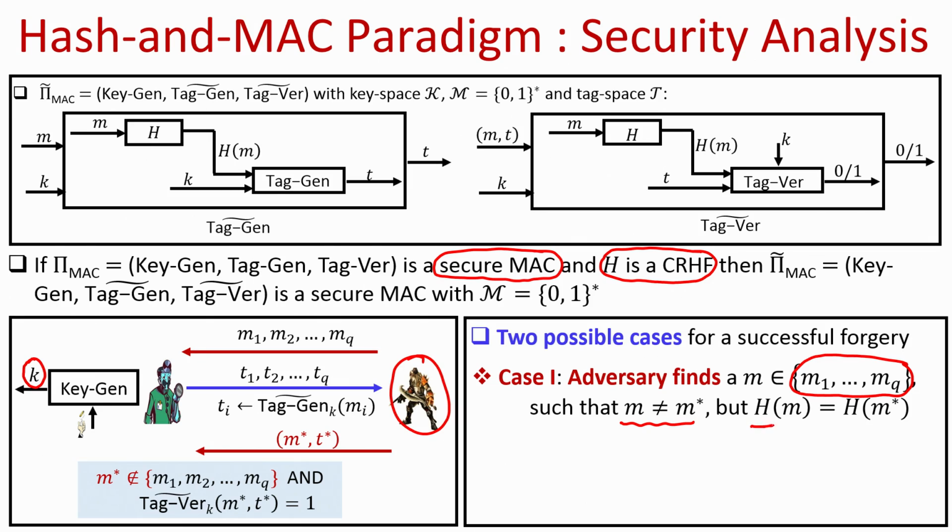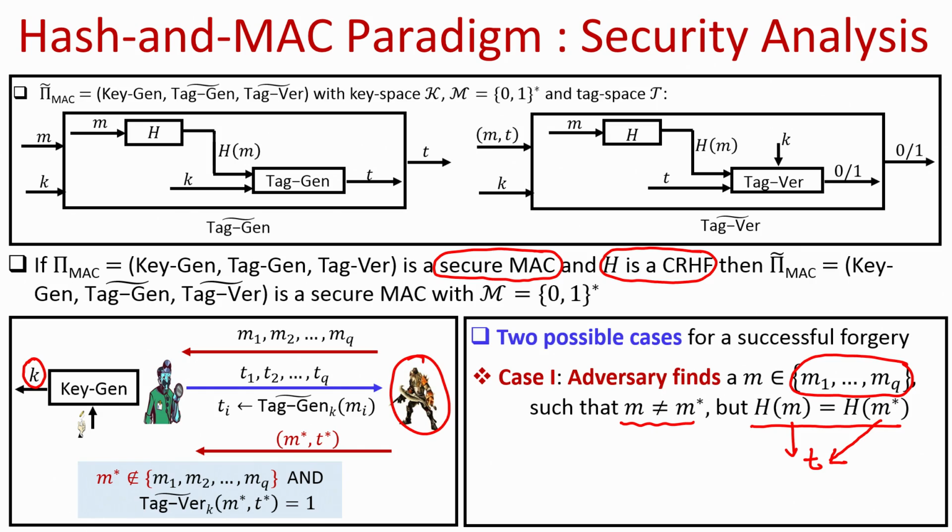If that happens, then it is easy for the adversary to come up with a tag on the message M star, because the adversary has already queried for the tag on the message M and, say, has obtained the tag T. If the hash of the message M and the hash of the message M star are the same, that means the tag for the message M star as per the composed message authentication code will also be T, and hence by knowing M comma T it will be easy for an adversary to come up with the tag on the message M star, and that will be the forgery.